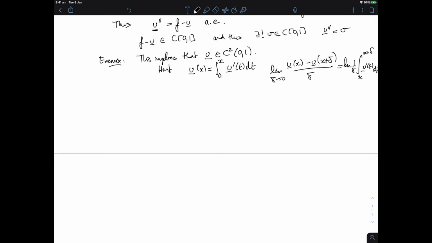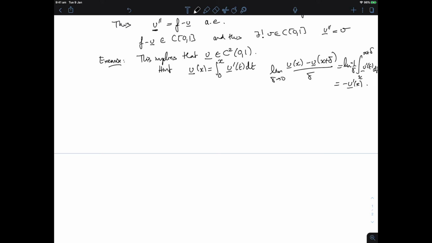And you're going to show that this tends, sorry, I messed up a minus sign, to minus the actual derivative of u. Well, that this limit exists, and therefore that u bar is classically differentiable. Then you do that for u bar, and you do that for u bar prime, and you will show that u bar itself has to be C2 because its weak second derivative is equal to a continuous function.